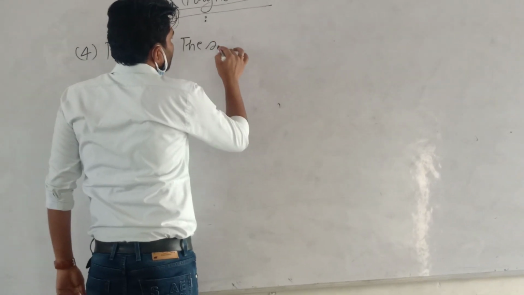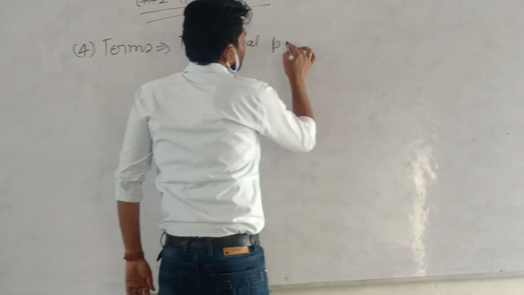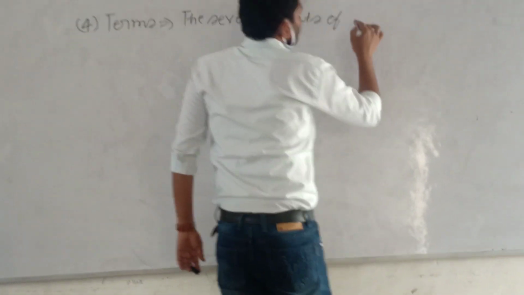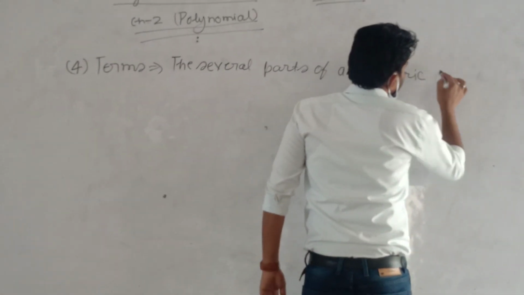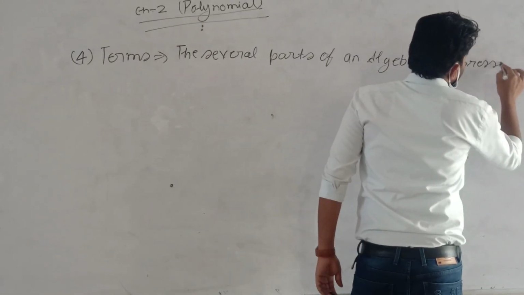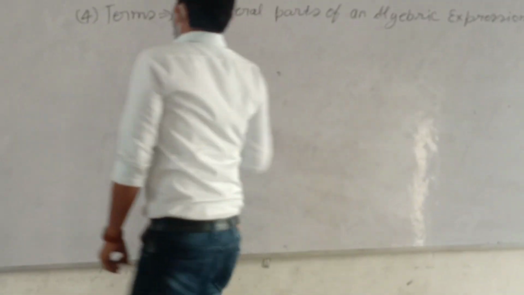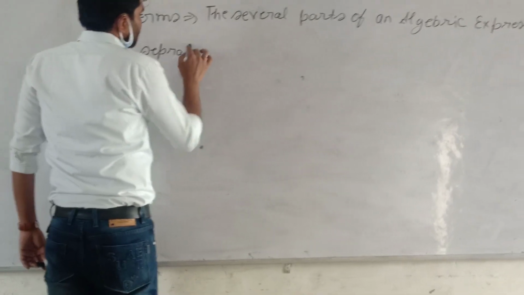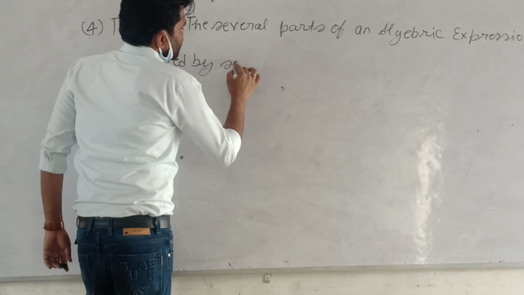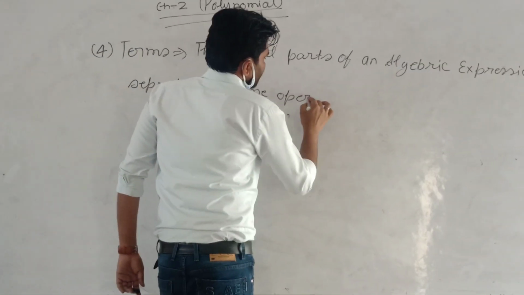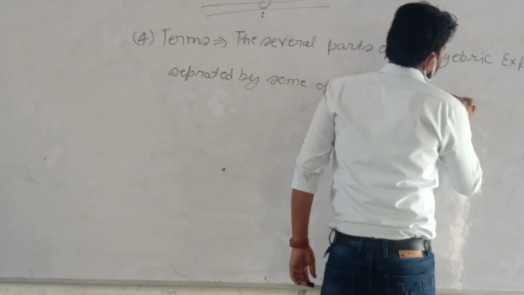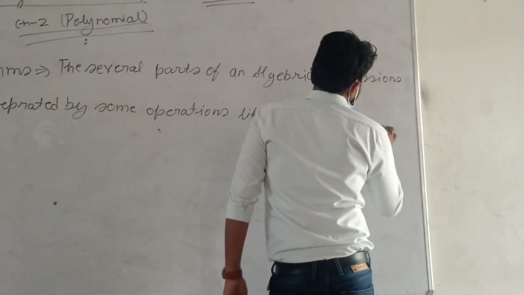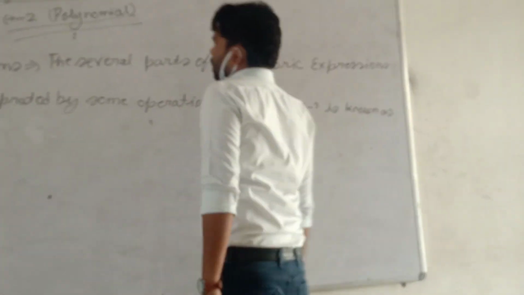The several parts of an algebraic expression separated by some operations like plus or minus is known as terms.